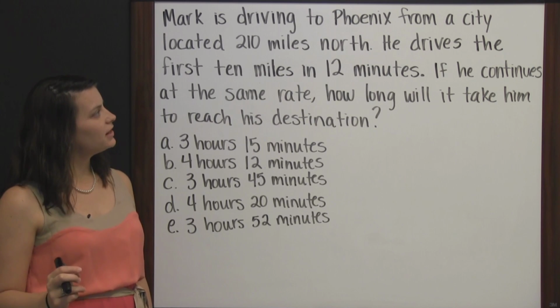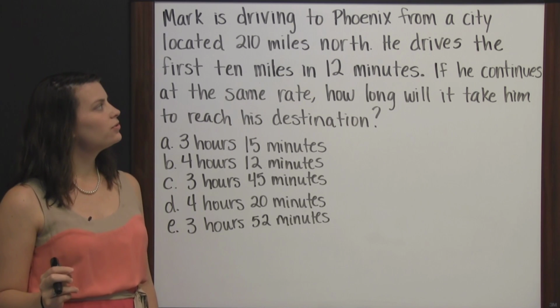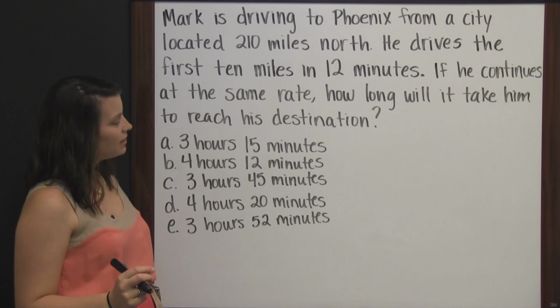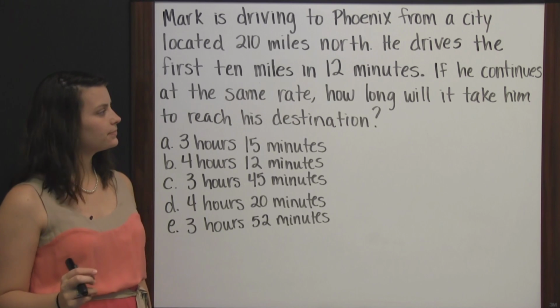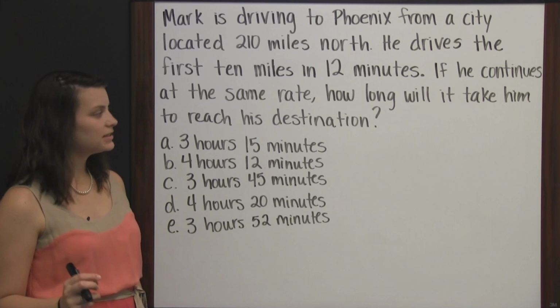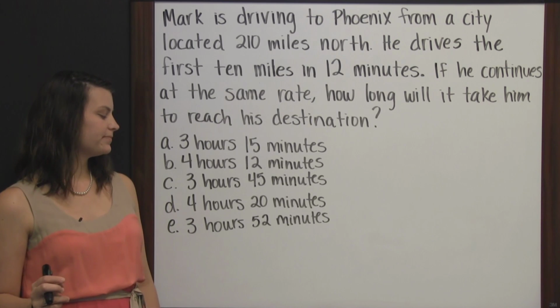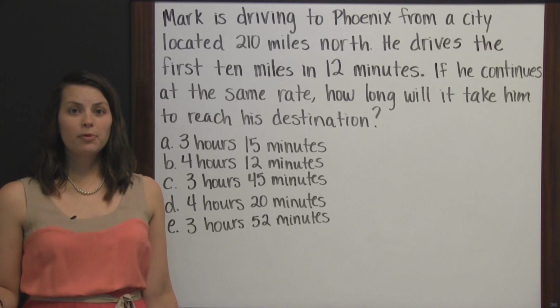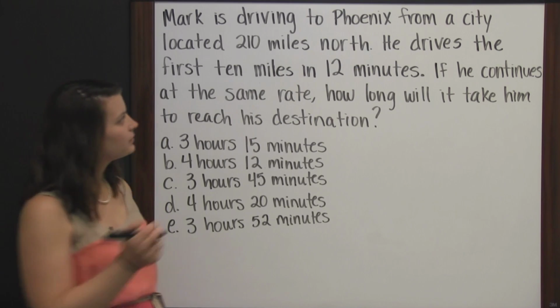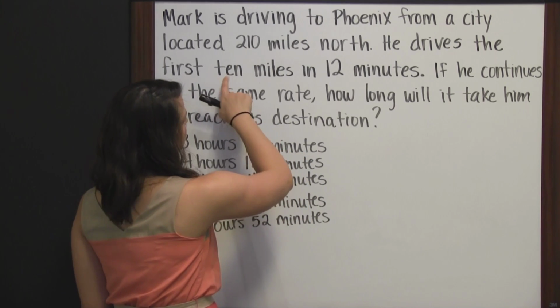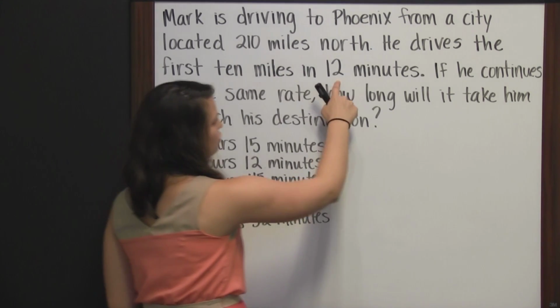Mark is driving to Phoenix from a city located 210 miles north. He drives the first 10 miles in 12 minutes. If he continues at the same rate, how long will it take him to reach his destination? We can use a proportion to solve this problem. We know that the first 10 miles took him 12 minutes.